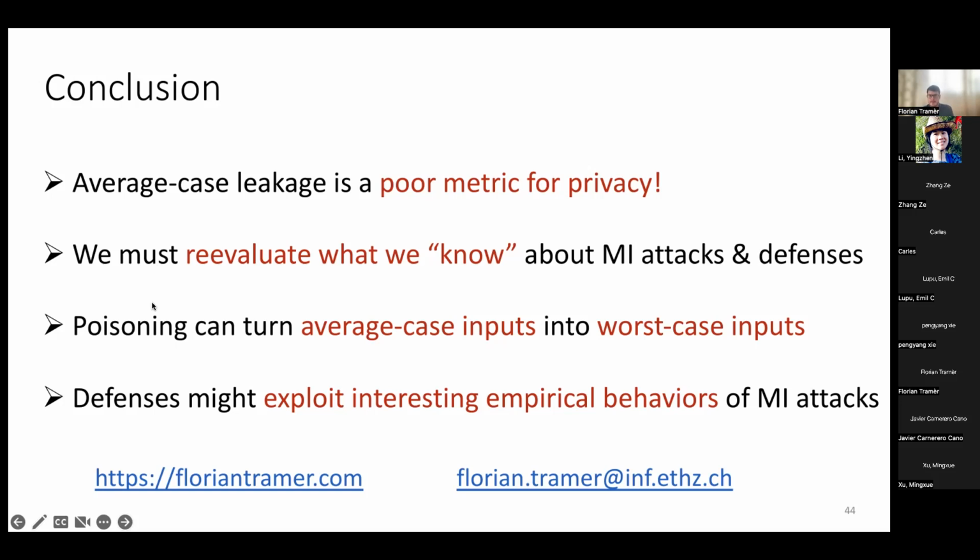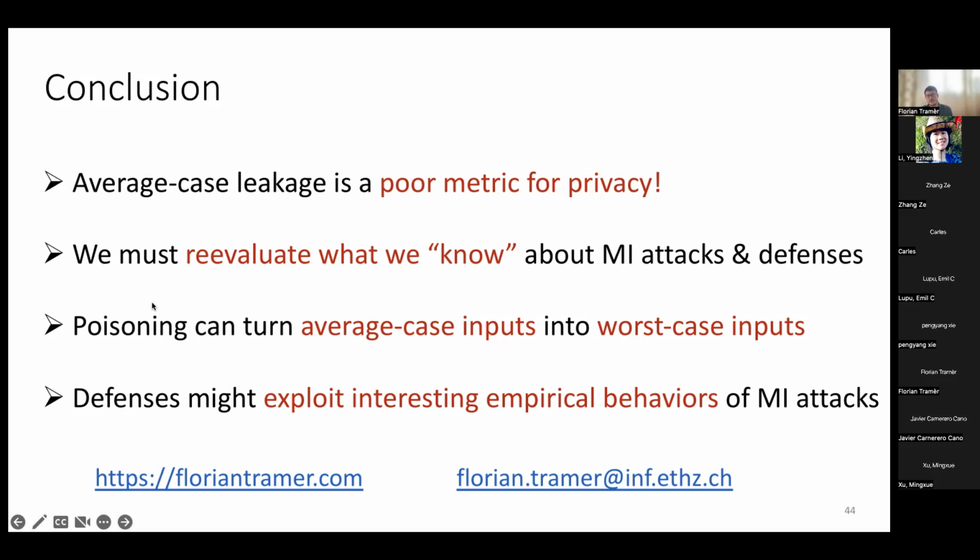But all those papers evaluated membership inference in an average-case way, using say attack accuracy or AUC scores, and they say nothing about how well the attack works at low false positive rates. And so we actually don't know what design decisions in the training of a machine learning model really influence this worst-case leakage.